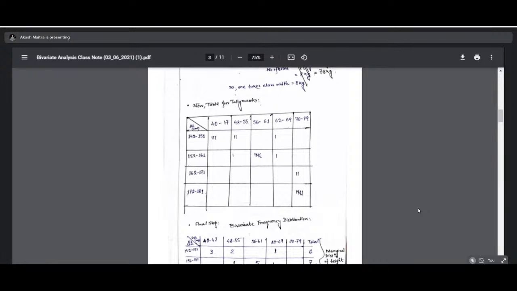Like 172 to 181 centimeter height with a weight of 70 to 79 has 5 persons there. So likewise, this is the bivariate frequency distribution of height and weights of 20 people. This looks very vacant due to the very small number of data sets. If you consider more, it will look better.